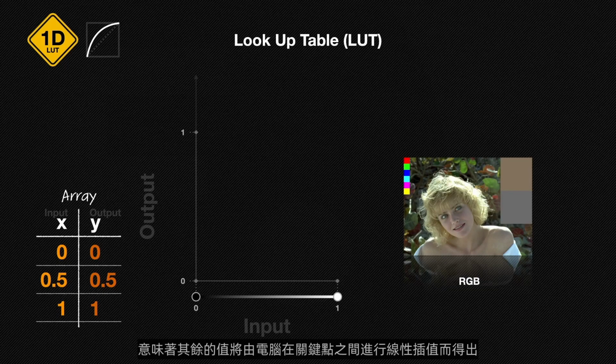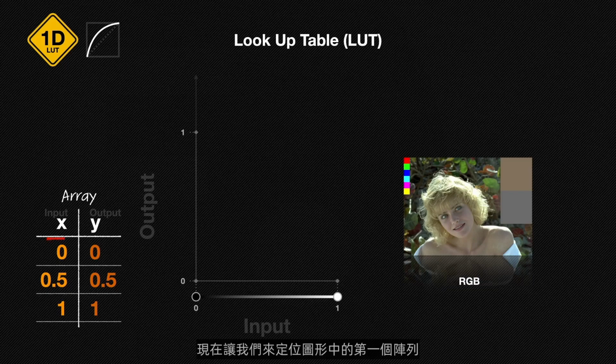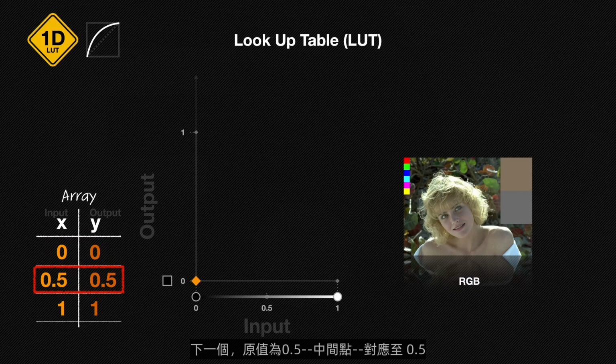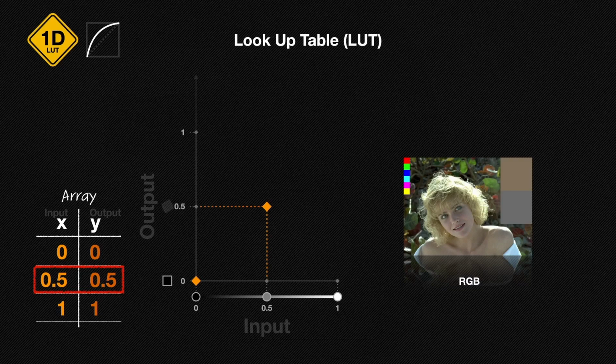values by the computer. Let's locate the first array in the graphic. Input value 0 goes up to value 0 in the y-axis, so it stays where it was. The next one, the original value 0.5, the midpoint, goes up to result in 0.5, ending in the middle of the vertical axis.